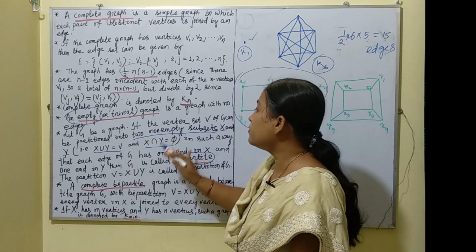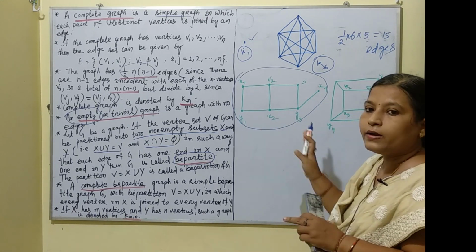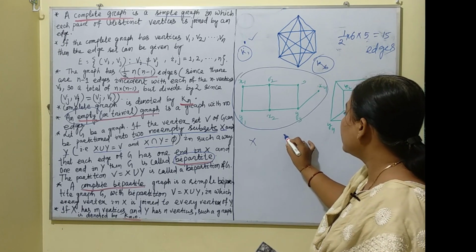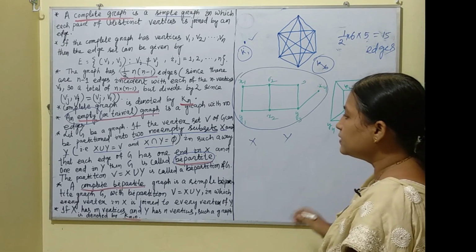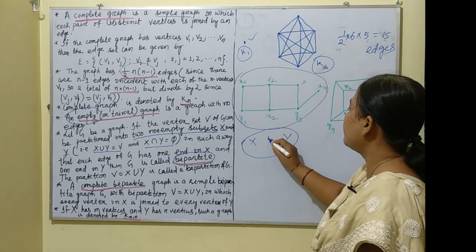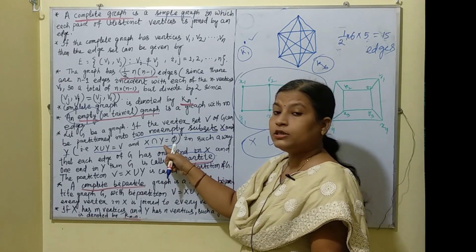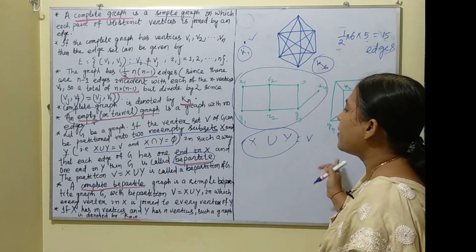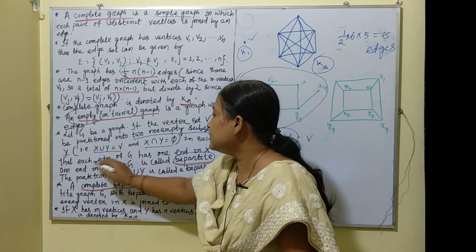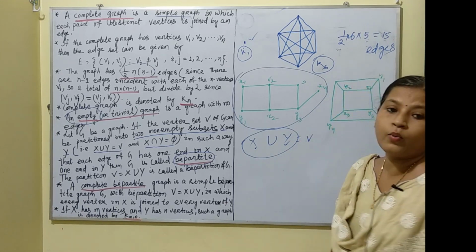First of all, the total vertices of a graph are divided into two parts, one is the X set and another is the Y set, in such a way that X union Y is equal to the total number of vertices, that is V, and X intersection Y is equal to phi. And what is an edge? Each edge of G has one end in X and the other end in Y.